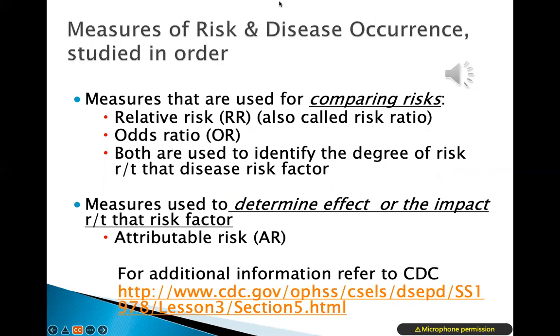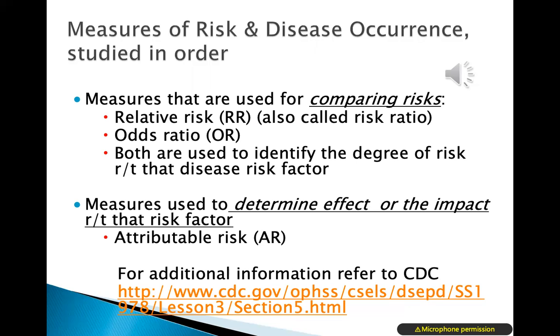On the top of this slide, it reviews both of those measures of risk, relative risk and odds ratio. Both of them allow us to compare risks. But there is another type of risk added on the bottom of the slide, which we will start looking at in PowerPoint slides 21 and 22. And that is attributable risk.